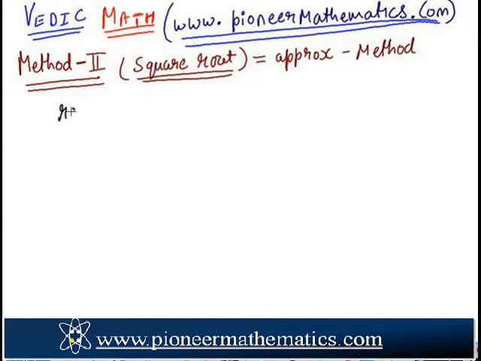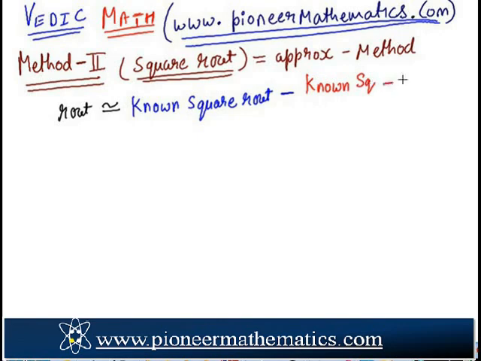Now any square root of a number is approximately equal to known square root minus known square minus unknown square upon 2 into known square root.